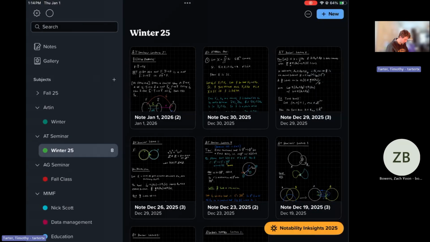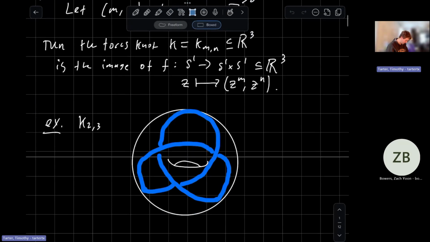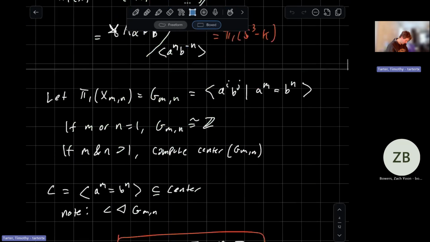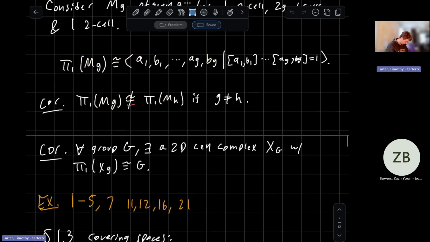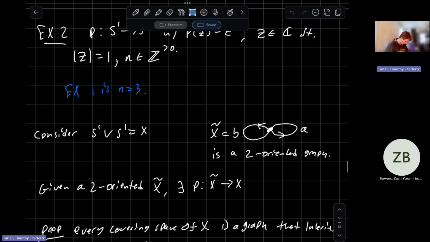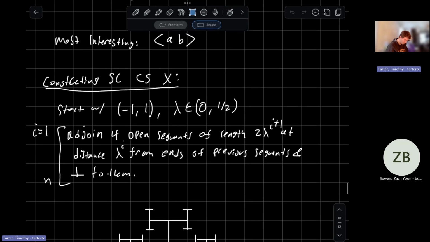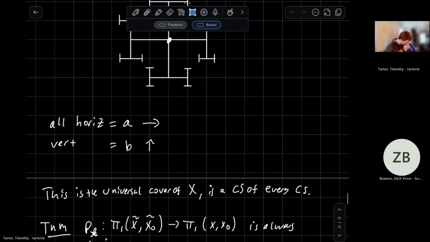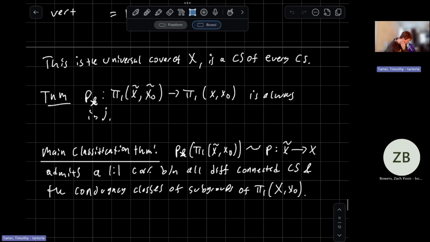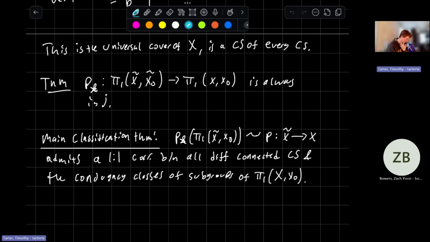So what is, hold on, let me look at the last lecture's notes. An example would be, this would be x tilde, this would be y, this would be x, no, x tilde to x.